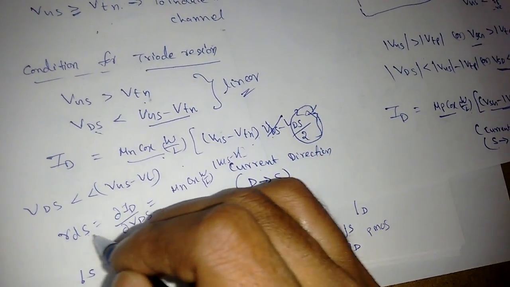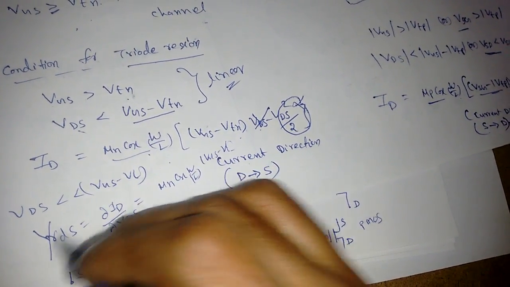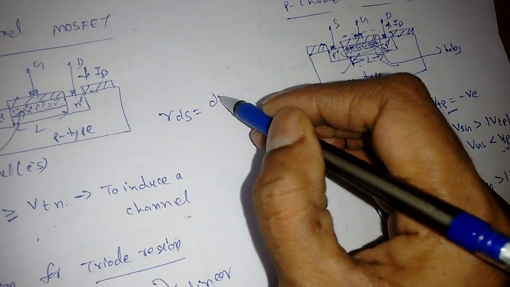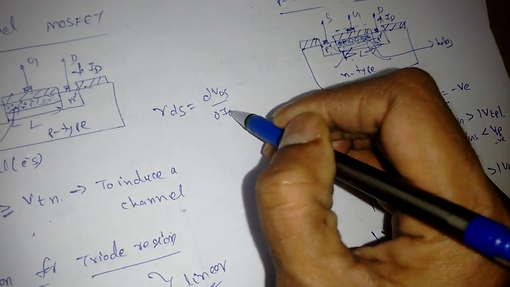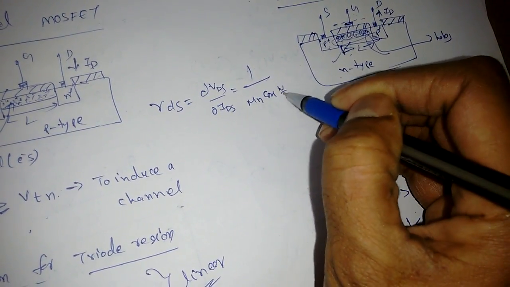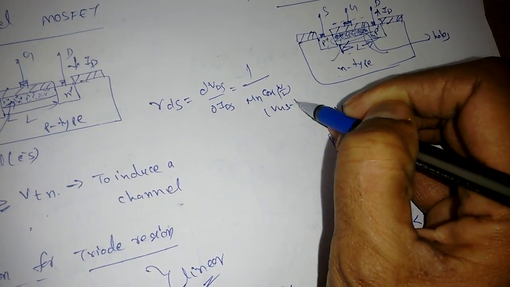This is not RDS, this is 1 by RDS. So RDS, delta VDS by delta IDS, is 1 by mu n Cox W by L into VGS minus VT.